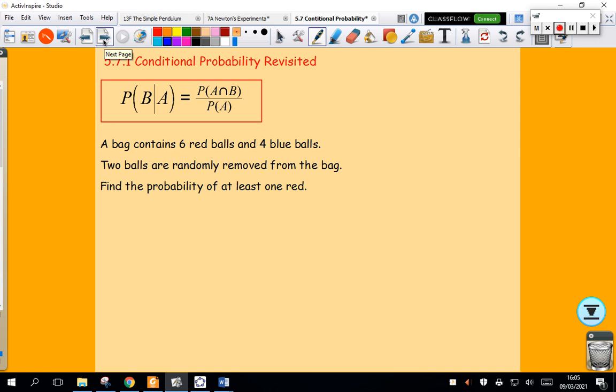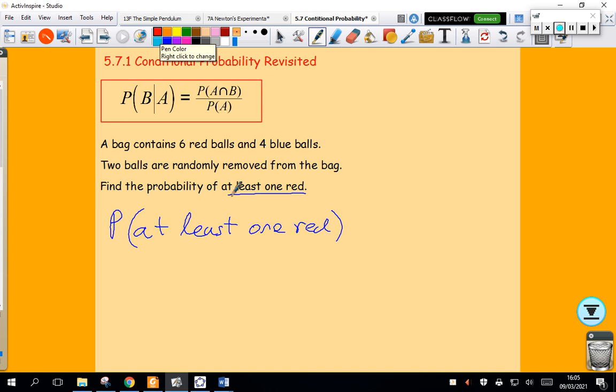So find the probability of at least one red. Same exact experiment, removing 2 balls from the bag. What's the probability of at least one red? One thing to note, if we think about the words at least one, what is the complement of that? The complement of at least one red is no reds at all. Either we'll have no reds at all, or we will have at least one red. There are only 2 things that can happen here.